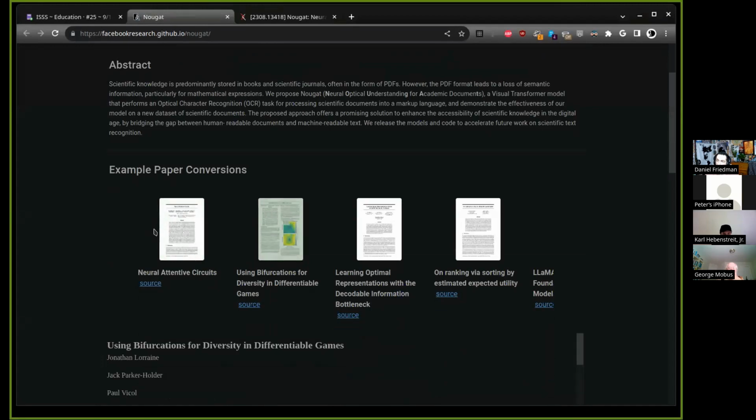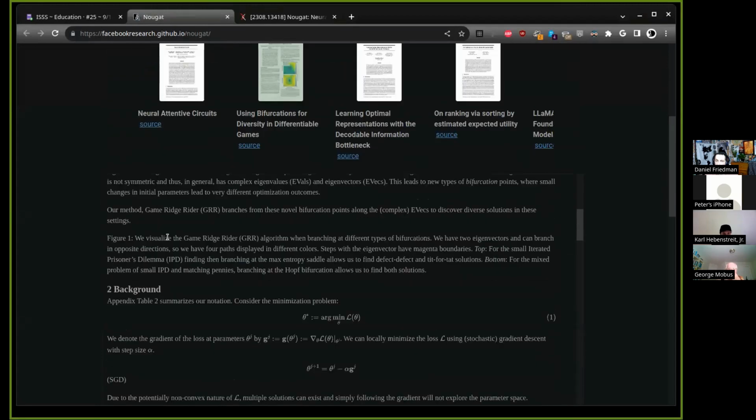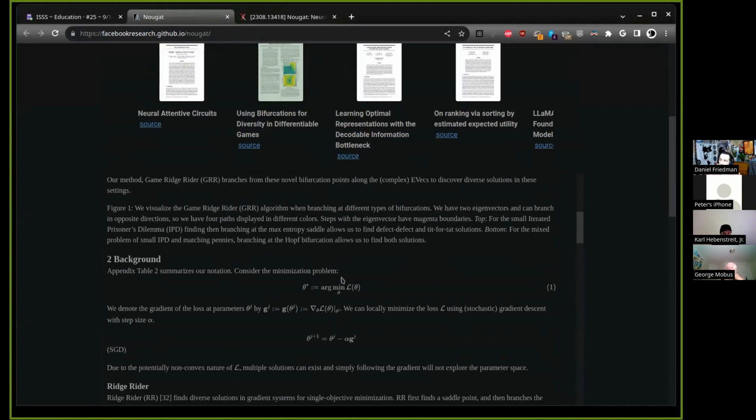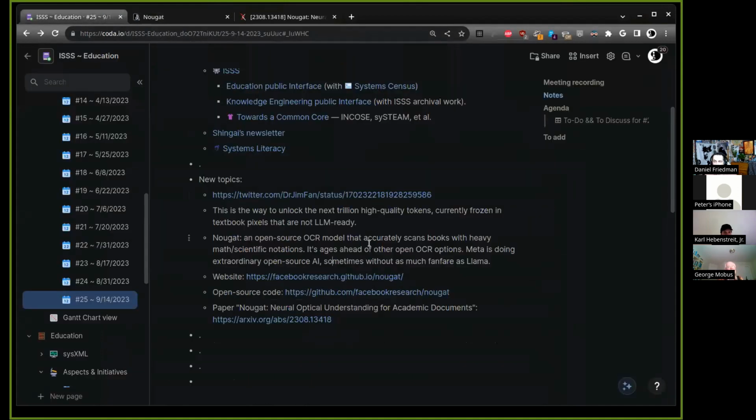This may be very useful for our knowledge engineering work and for most of our non-OCR'd texts. But just an example about what is becoming more possible.